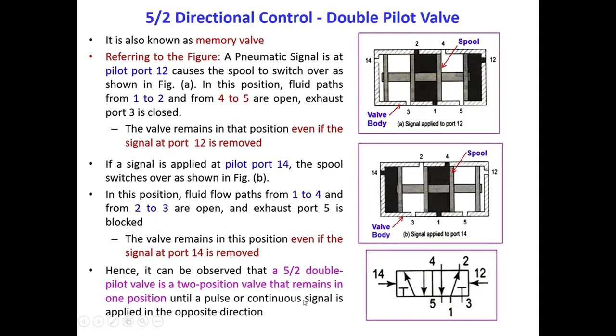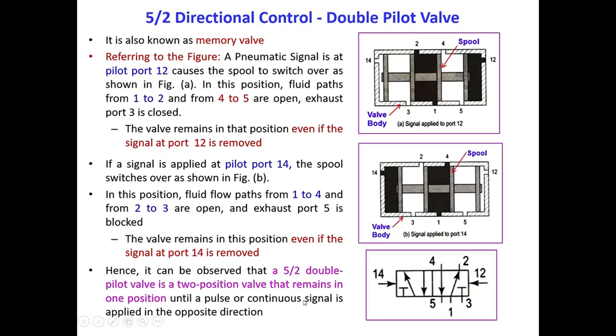A pneumatic signal at pilot port 12 causes the spool to switch over as shown. In this position, fluid paths from 1 to 2 and from 4 to 5 are open. Exhaust port 3 is closed. The valve remains in that position even if the signal at port 12 is removed. If a signal is applied at pilot port 14, the spool switches over as shown.